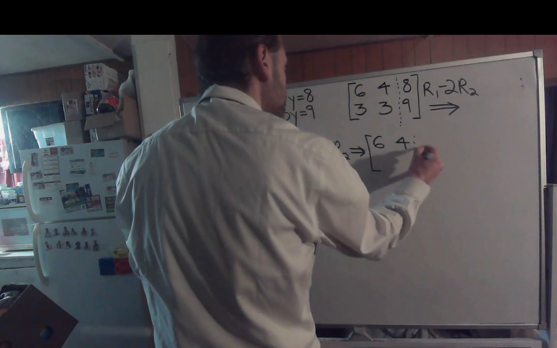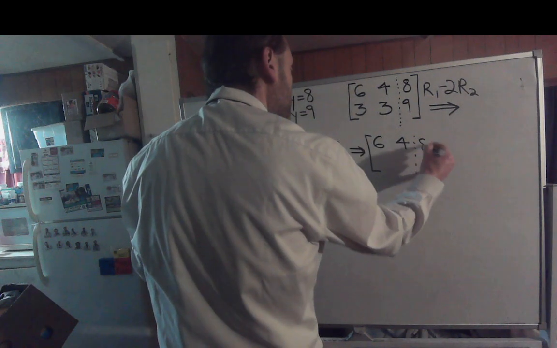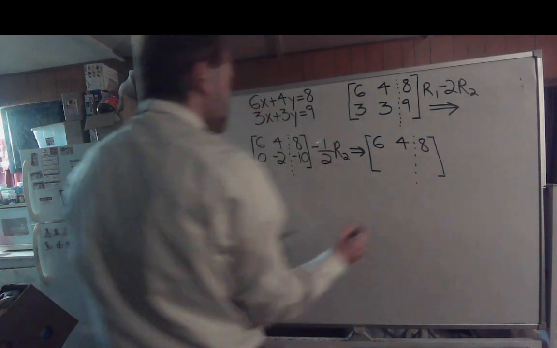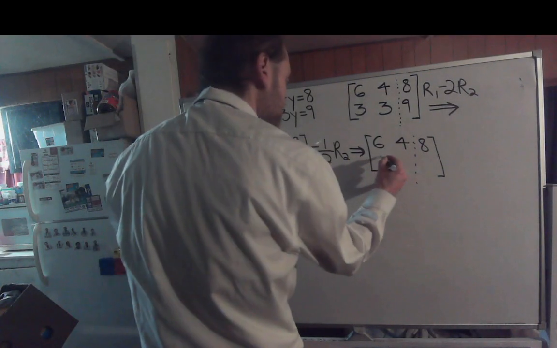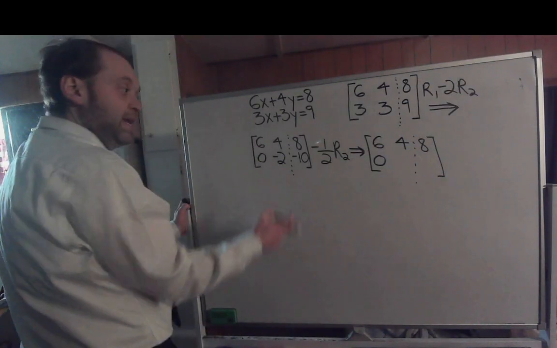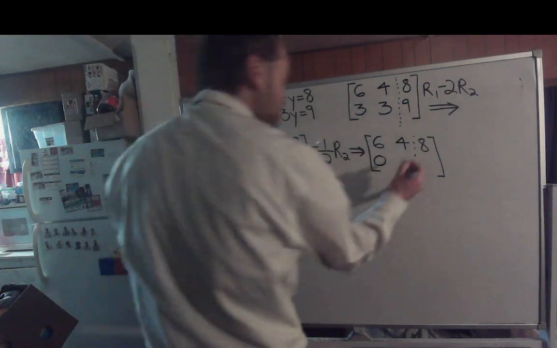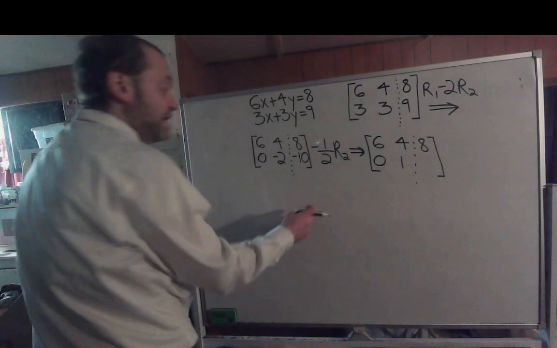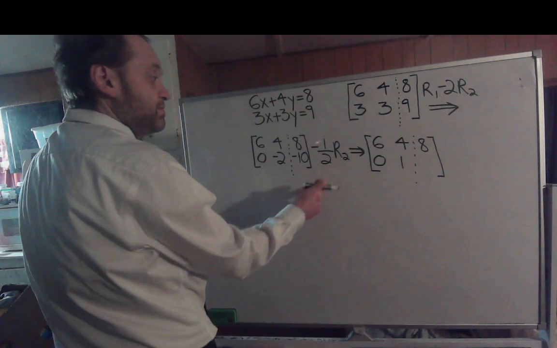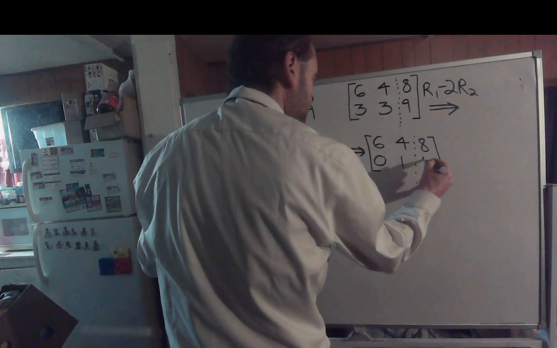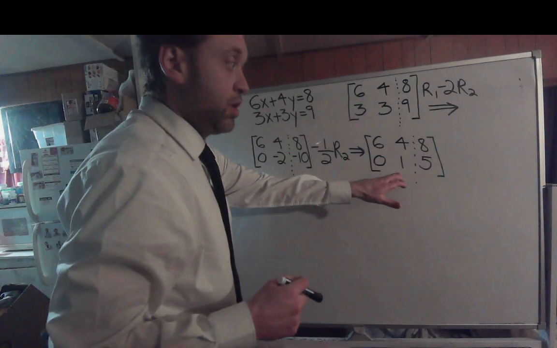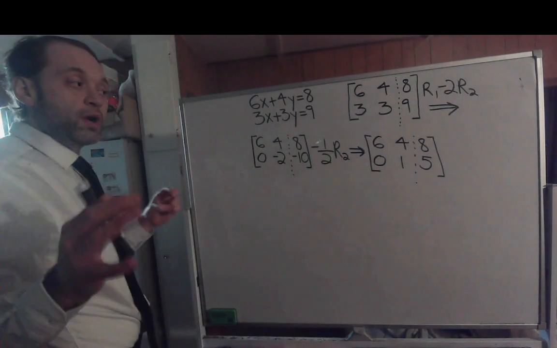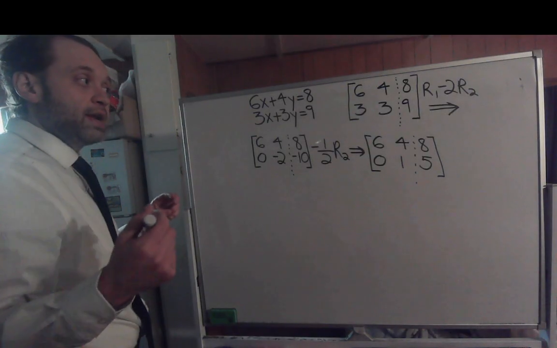You'll have 6, 4, and 8 still in the first row. But negative 1/2 of 0 is still 0. Negative 1/2 times negative 2 is positive 1. Negative 1/2 of negative 10 is positive 5. Now I've got a leading 1 in the second row. We're almost to row echelon form, but we're not there yet.